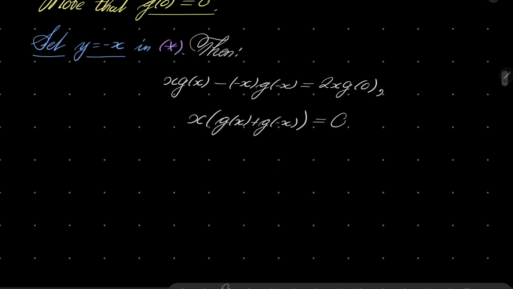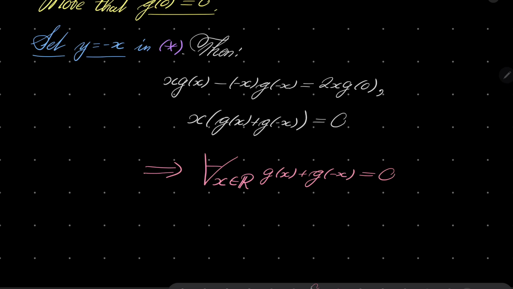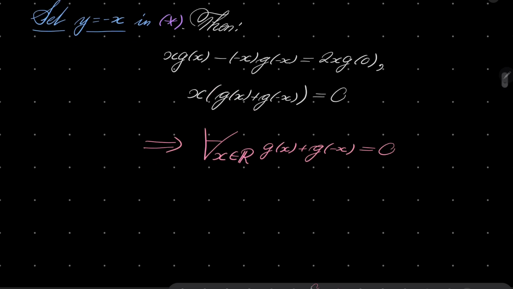That means that for every real number x, g of x plus g of minus x is 0. Why is that? Because if x is 0, then we have 0 plus 0 equals 0, no problem there, and if x is not 0, we can divide by it, and the sum must be 0. In other words, our function g must be odd.